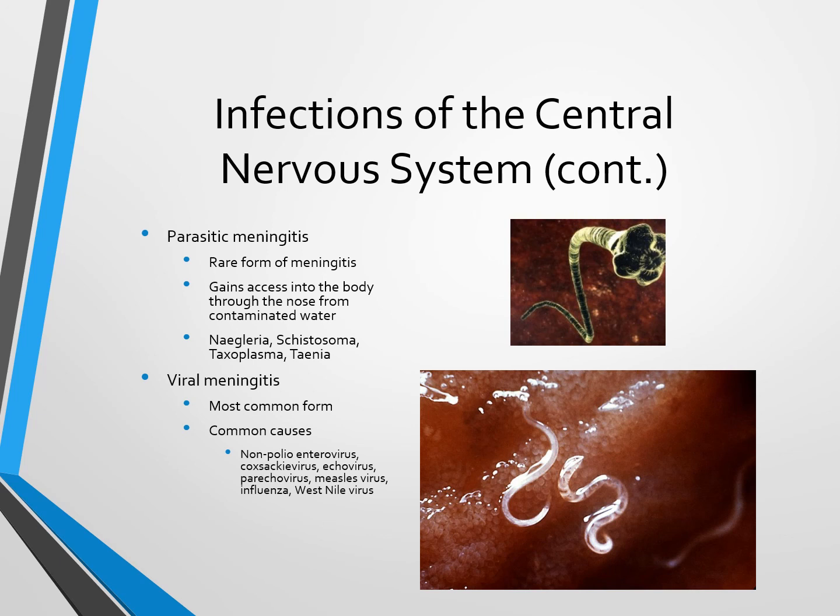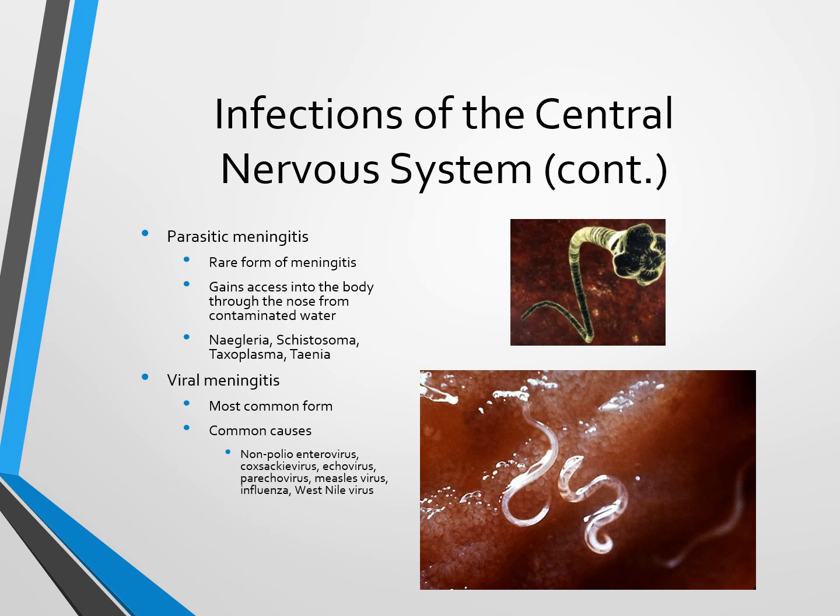And the way that individuals get this is by swimming in warm waters such as lakes, ponds, rivers, or underchlorinated pools and hot springs. Neti pots have also been found to be a source of transmission. And so it enters through the nose when you're swimming in these waters, if this parasite is there, and it travels to the brain through the sinuses.